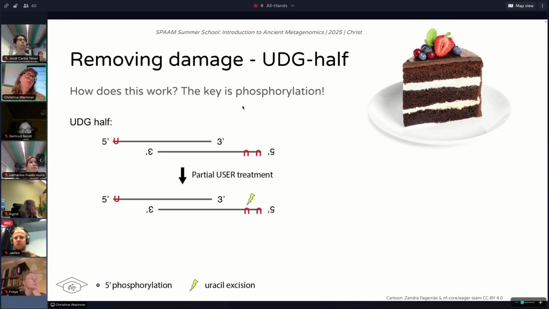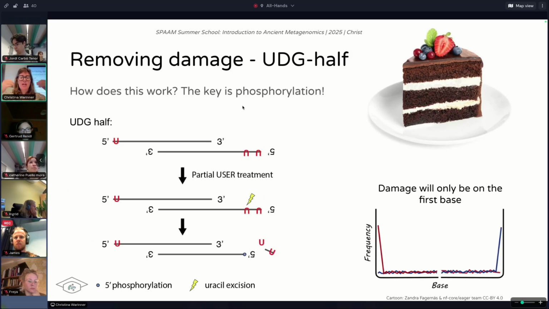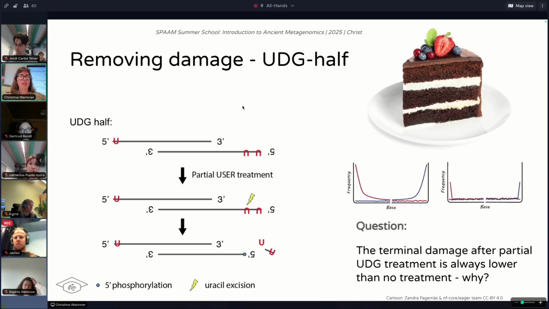So internal uracils are all phosphorylated, but the terminal ones often aren't. And so what happens is it will only clip off the internal uracils, leaving any that are at the end unchanged. And so when you go to sequence that, you'll only see uracils on the terminal base. What that means, however, is that you'll only see a small portion of the damage. So the damage levels are always lower in partial UDG treated libraries.